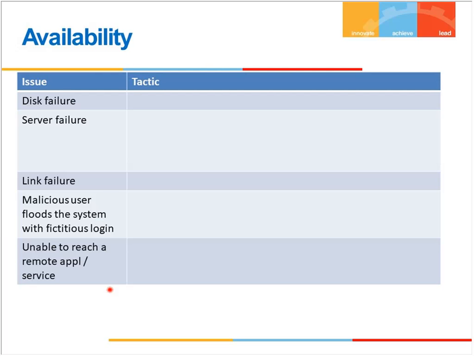Unable to reach a remote application or service. What about this? Suppose we are trying to connect to a service and the service is not reachable for some reason. What can we do for it in a distributed system? Restart the service, check application timeouts, fault tolerance, flip to backup service.